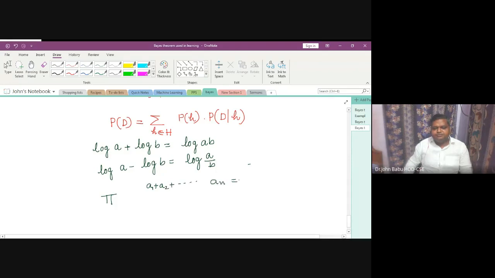It is represented by sigma i equal to 1 to n Ai. Similarly, A1 into A2 into so on An is represented by big pi, i equal to 1 to n Ai. This is the product, and the above one is the sum.